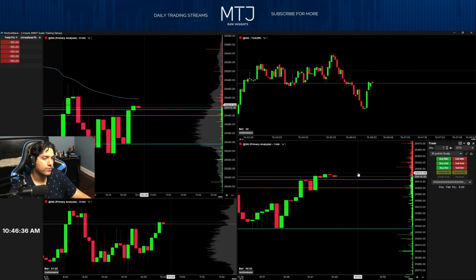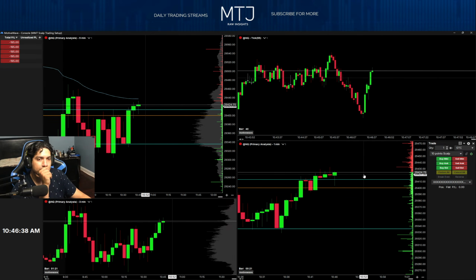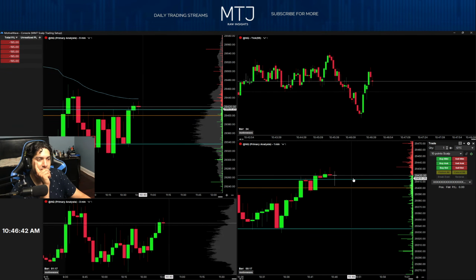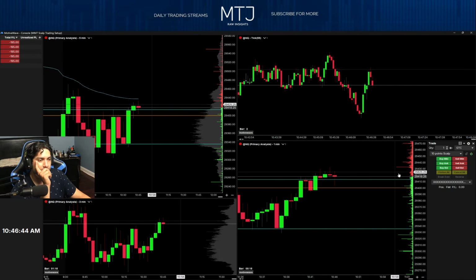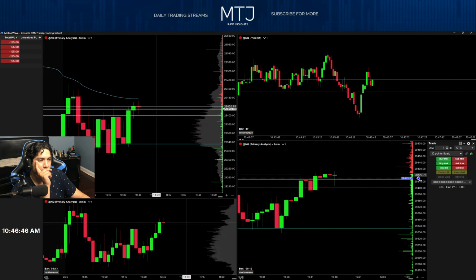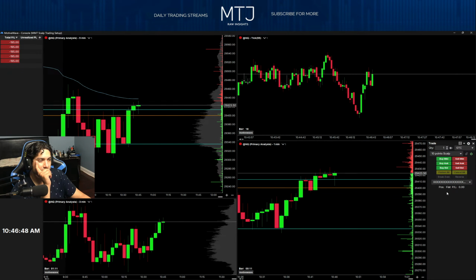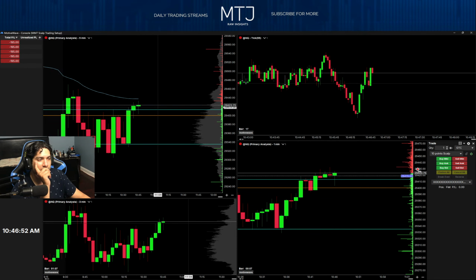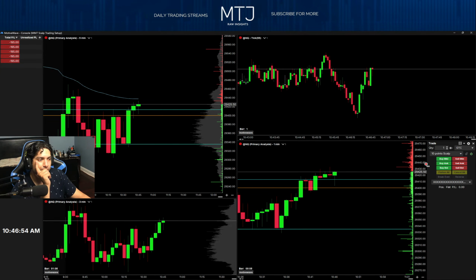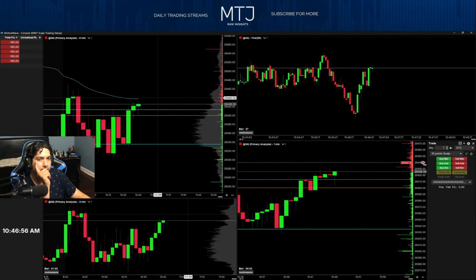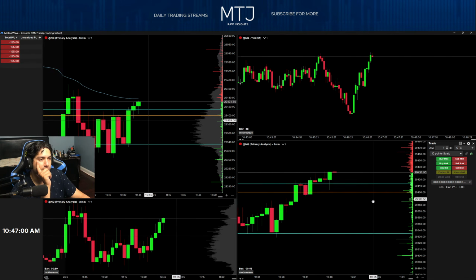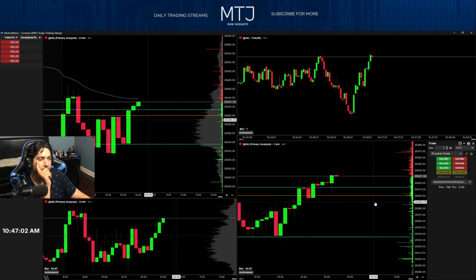Spike in the tick volume. I don't trust this to the long side, honestly. Not until we clear the 40 level that I was talking about, right? 40 would be the VWAP literally, I think, at this point. Just slightly above the VWAP by a few ticks.